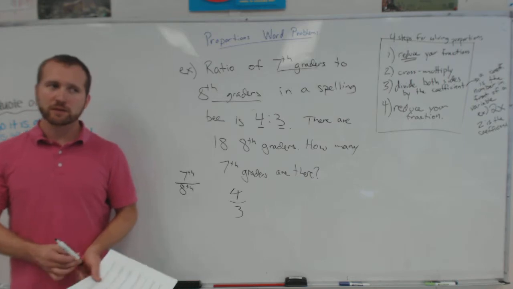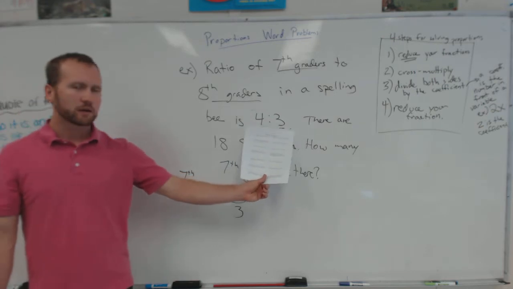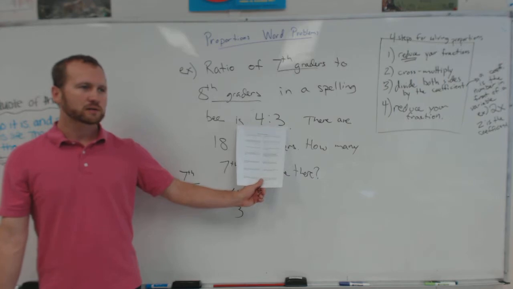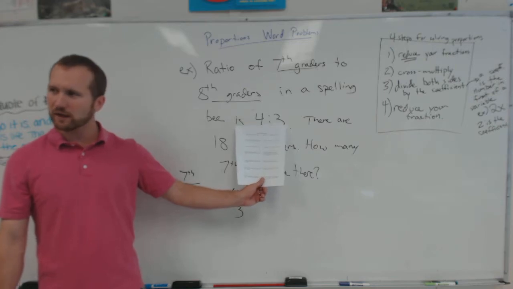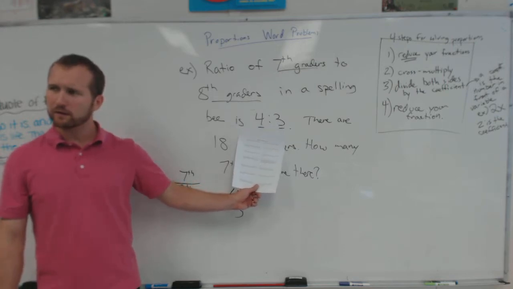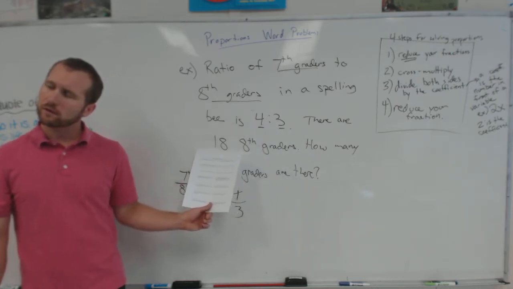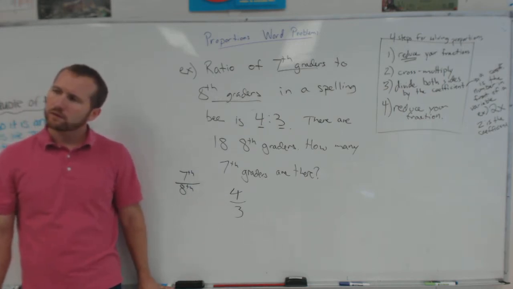I'm not going to do this to you, but if you see a problem that says total, how would you find that? What if it said there are 4 7th graders? How many students are there in total? Well, if it gave you 18 8th graders, what I believe happened was they just multiplied 3 by 6.